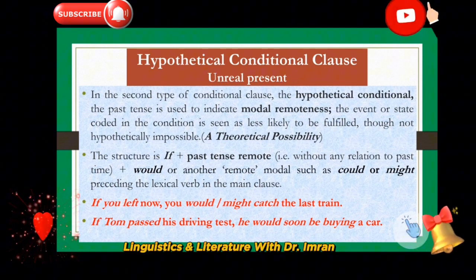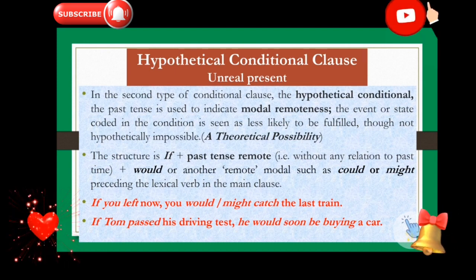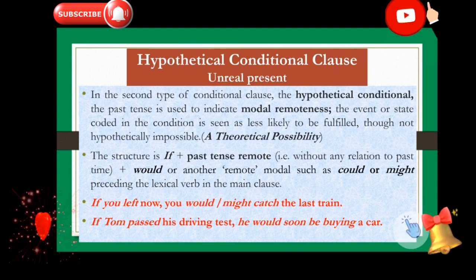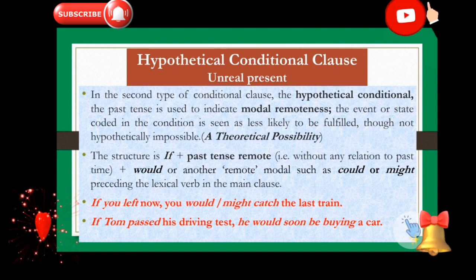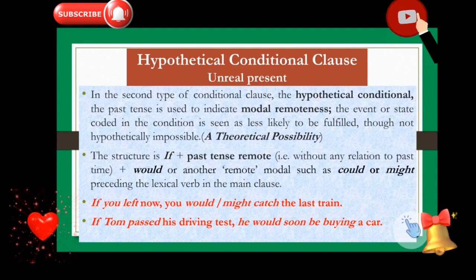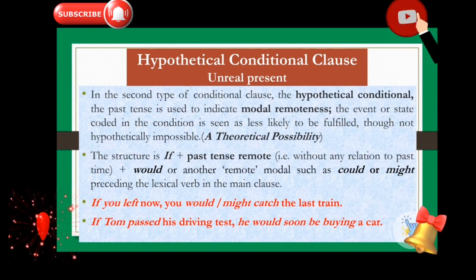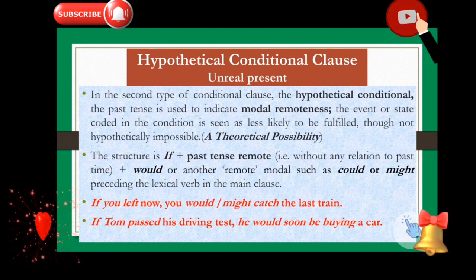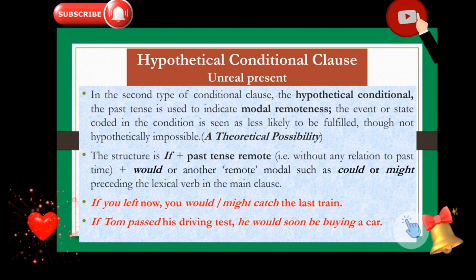It means that there are possibilities that something may happen or something may not happen. That's why we call this real conditional clause. And today we talk about unreal conditional clause in present. What is it? Let's discuss in detail.